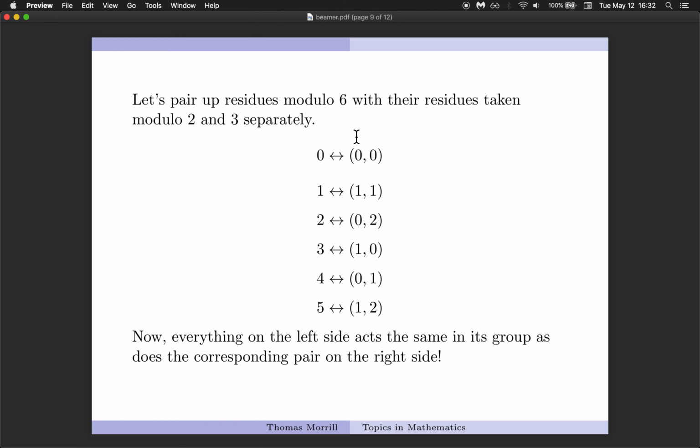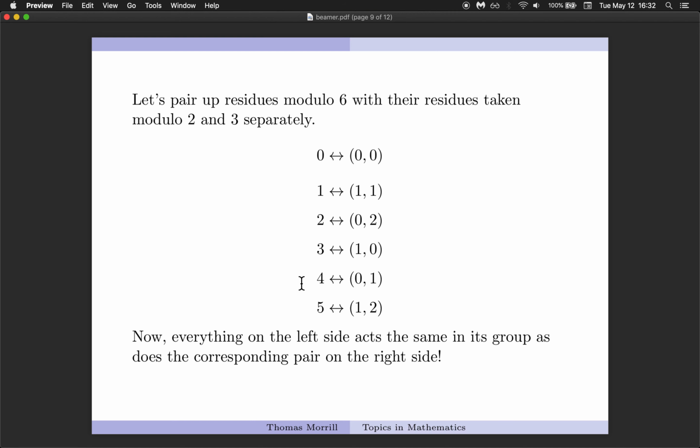So 0 becomes (0,0), 1 becomes (1,1), and so on. Like, for example, 5 is congruent to 1 modulo 2. 5 is also congruent to 2 modulo 3.